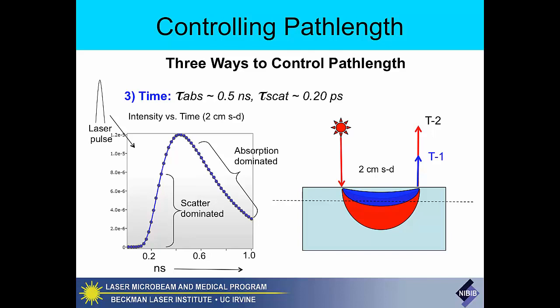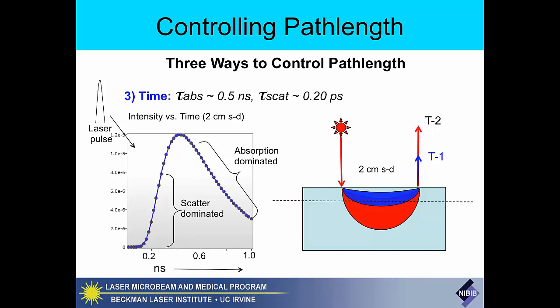Now, I know a fraction of a nanosecond or a nanosecond sounds fast, but from the spectroscopy point of view, that's actually pretty slow. So half a nanosecond is slow. Fraction of a picosecond, well, that's pretty fast. But with spectroscopic techniques, it's possible to resolve these processes in time.